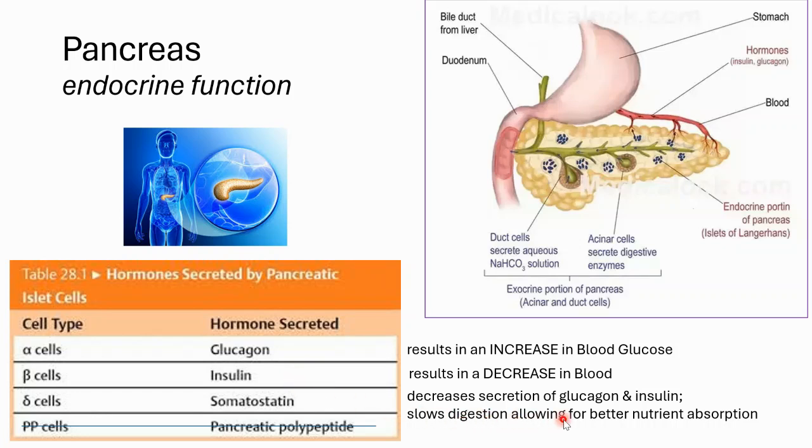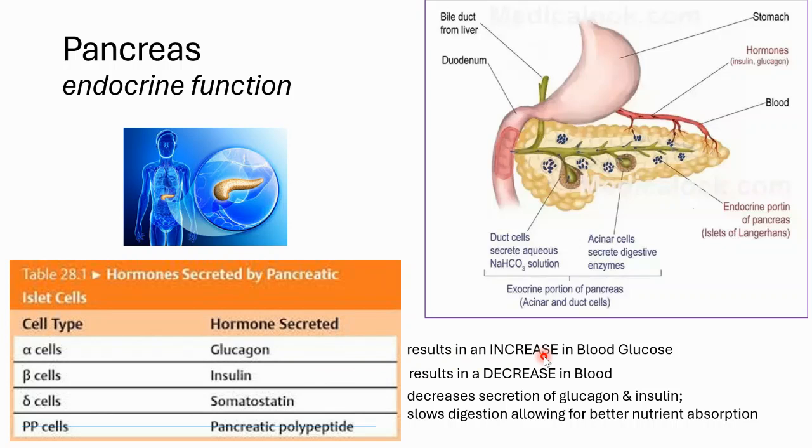Somatostatin, I'm not going to worry about somatostatin and its purpose. Just know the purpose of glucagon and insulin, when it's secreted, when it's not secreted, and what it causes.